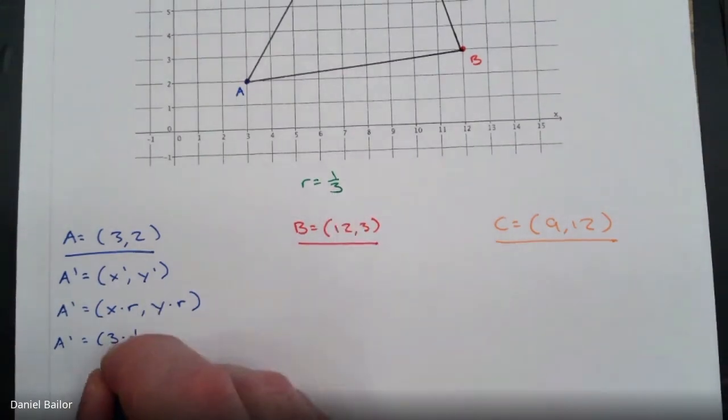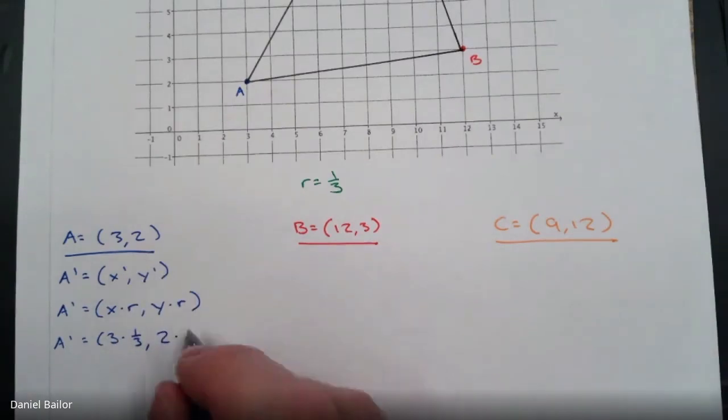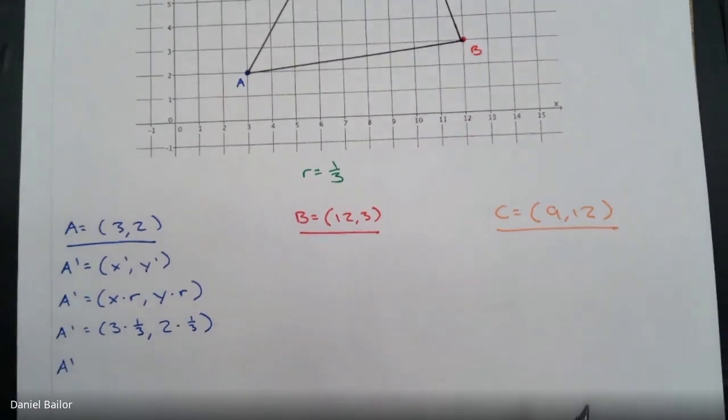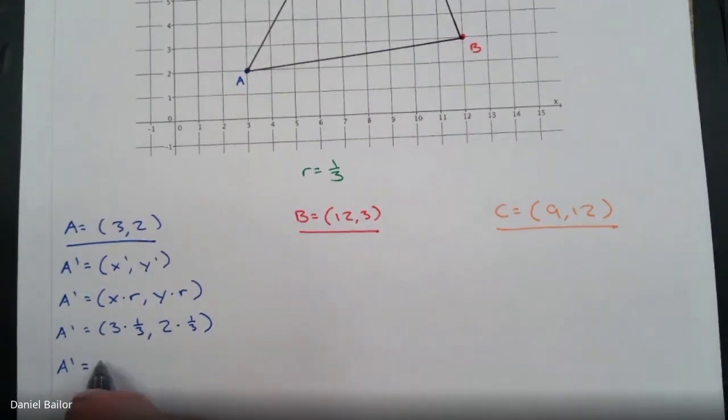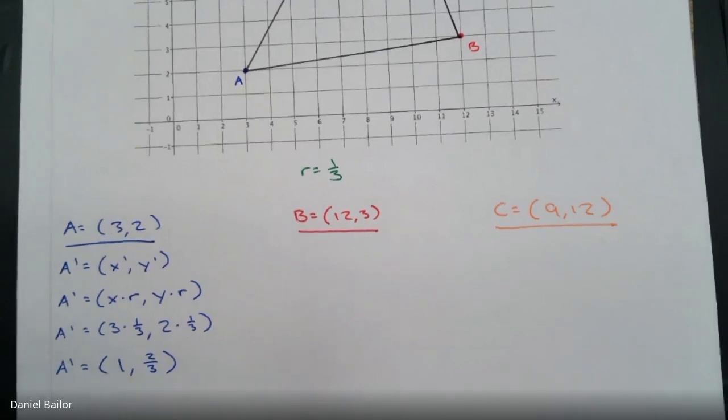We wrote it down just to make sure. We know the original y was 2, and we know r is 1/3. So now we multiply our fractions. 3 times 1/3 is 1. 2 times 1/3 is 2/3. So that's A prime. A prime is going to be those coordinates.